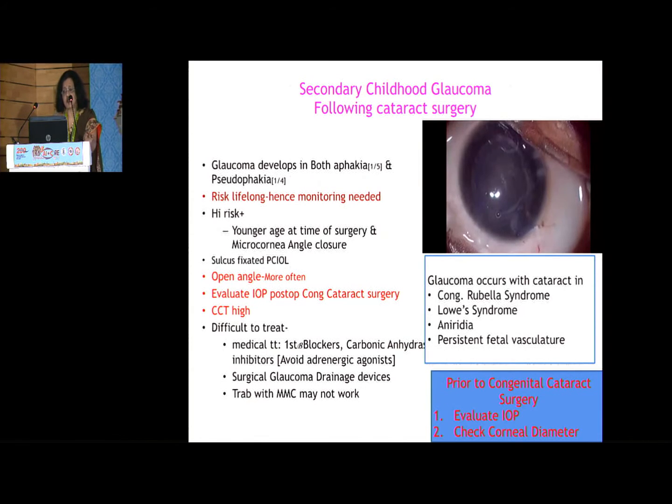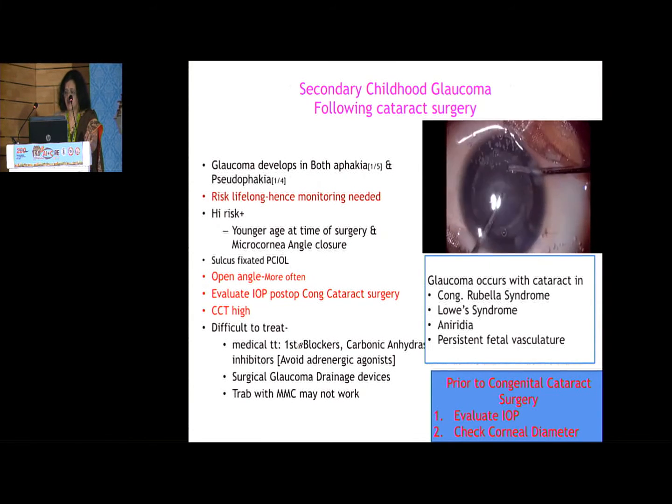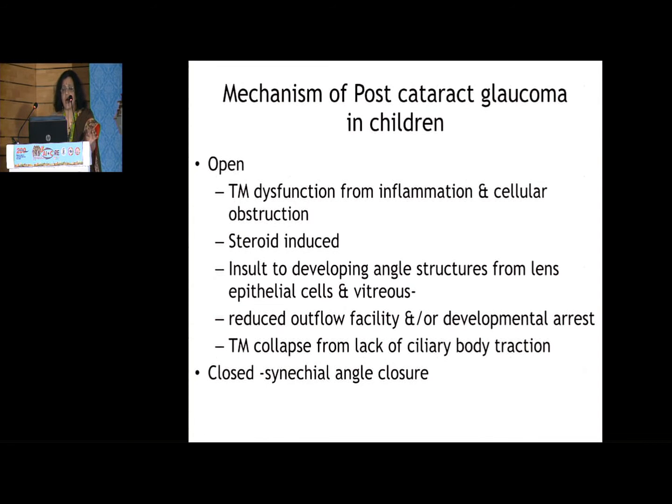There are some conditions associated with cataract and glaucoma, which include congenital rubella syndrome, Lowe syndrome, aniridia and persistent fetal vasculature. The mechanism for glaucoma after cataract surgery in children is that TM dysfunction from inflammation and cellular obstruction occurs.